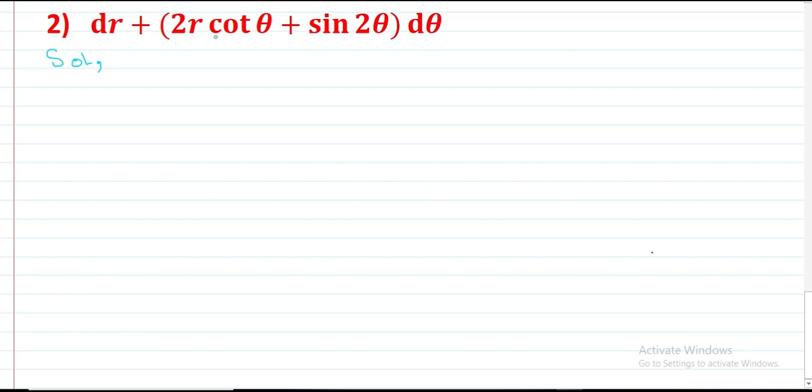dr plus 2r cot theta plus sine 2 theta d theta. Now we will try to bring it in general form.